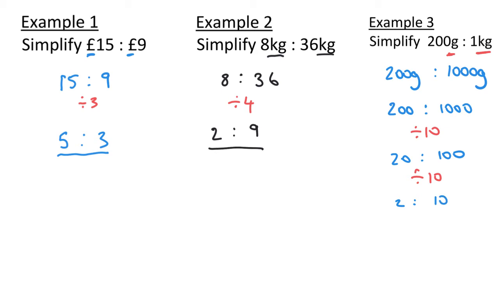And now they're both even numbers, so we could divide by 2 to get 1 to 5. And that's it simplified. Those of you might have spotted at the start, we could have divided both by 200, and that would have ended up with 1 to 5 as well. But it's always okay to split it up in different steps as you see fit.